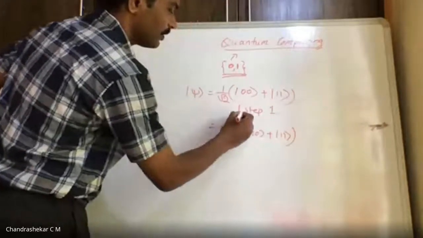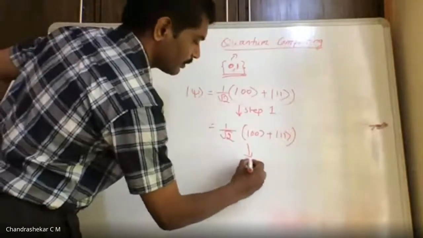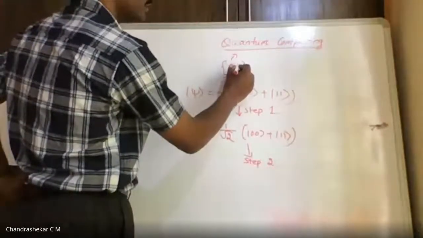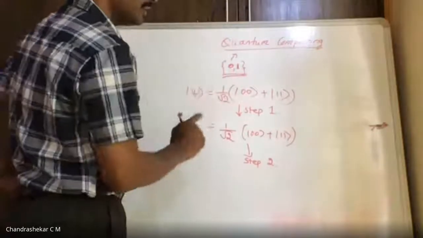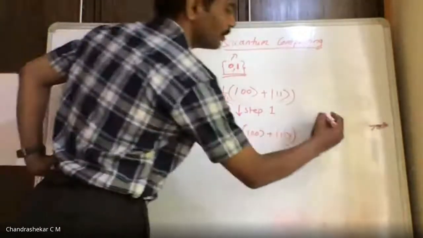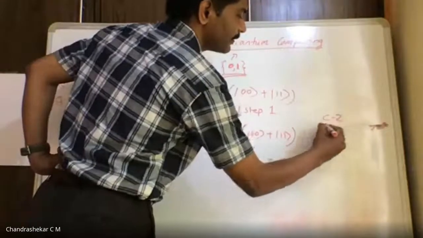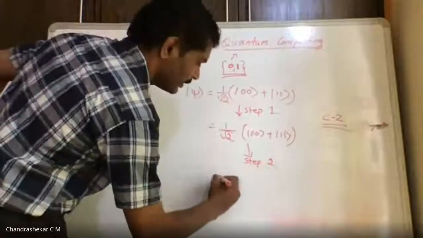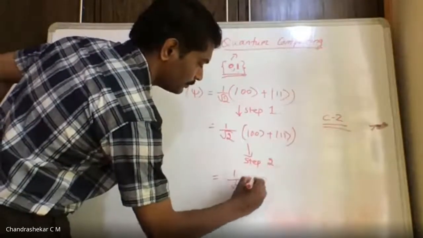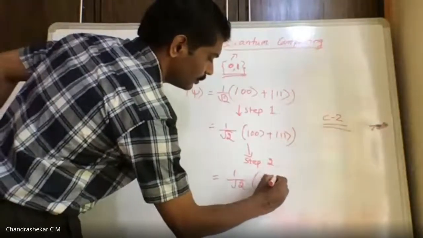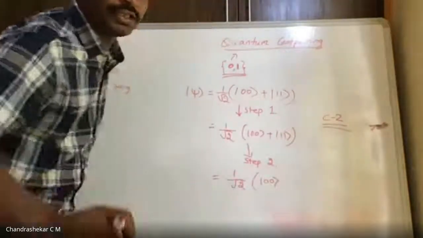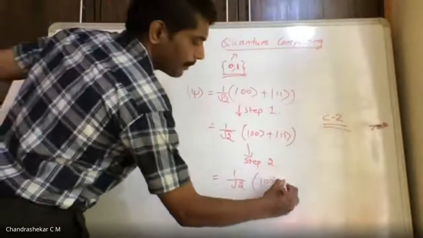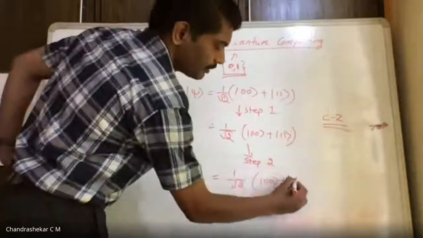Now step 2. If my state B is 1, then Alice has to apply the controlled Z gate. I will do that operation here, and it will be 1 by root 2, 0 0, and then 0 1.